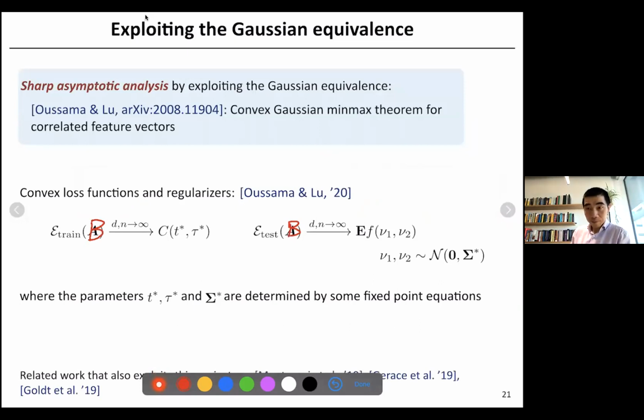The training error and the testing error of the linear Gaussian version will converge, as the dimensions D and N go to infinity at a proportional rate, to deterministic limits. I don't want to go into the details, it doesn't matter. Essentially, these are some deterministic functions that we can calculate. These are low dimensional functions.